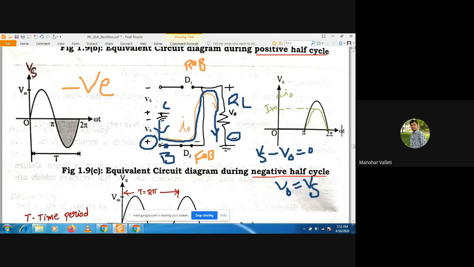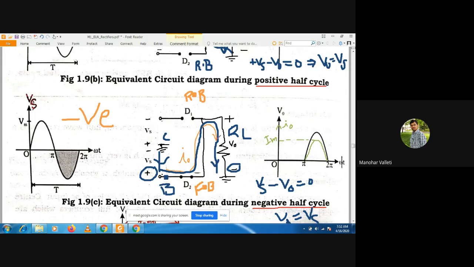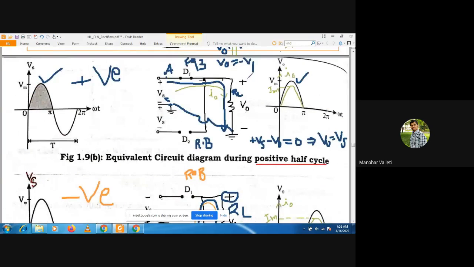Now please note, wherever the current is entering, that is the plus of V naught. If you compare with the positive half cycle, the current enters at the same point. So during both the positive half cycle and negative half cycle, the I naught current will enter at the same point. During the positive half cycle, the output voltage wave shape is like this because of the I naught current.